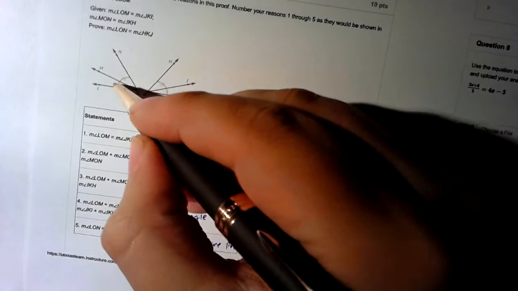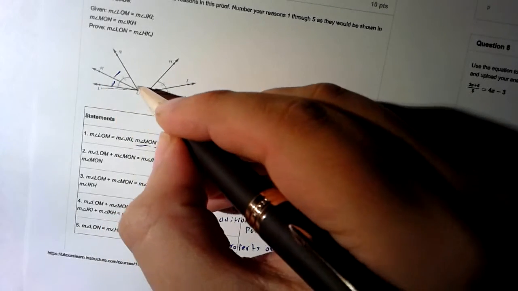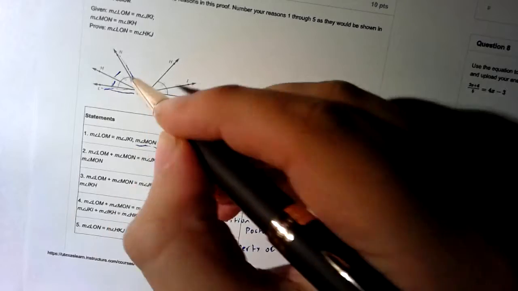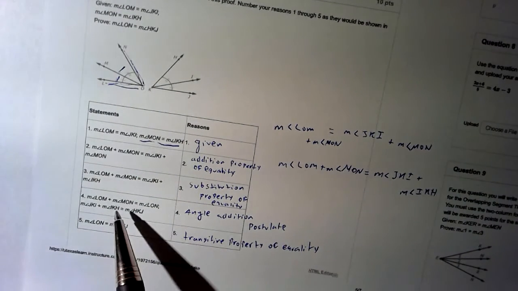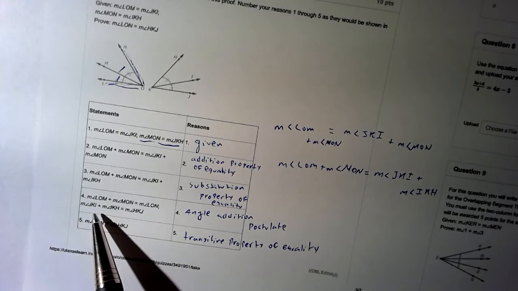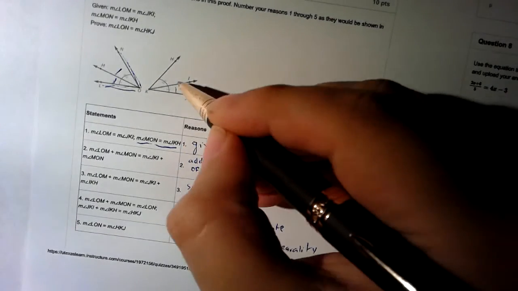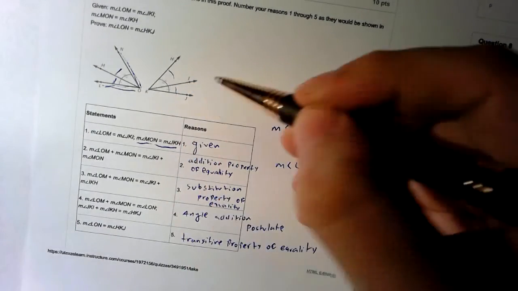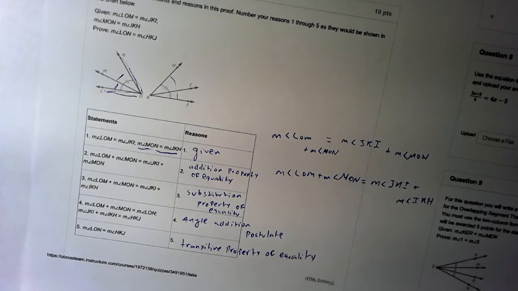So we have a little one, that's a part, plus another part equals the whole. And whenever that happens, we have the angle addition postulate. And notice they do it twice, right? We get two statements here. The second one is measure of angle JKI, which is this little part plus this little part equals the whole thing. Okay, so that's the angle addition postulate.